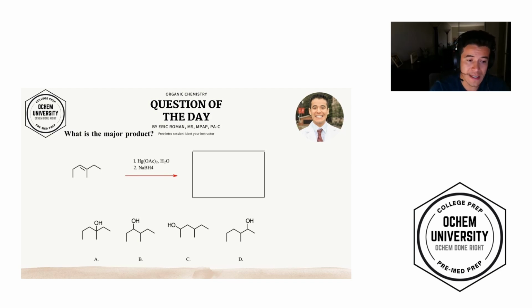So go ahead and think about that and give it a try. All right, so I'm going to go ahead and walk through it. With Hg(OAc)2, we have the Hg, and it's connected with two OAcs. Now, OAc is just a fancy way of saying acetyl group, right?